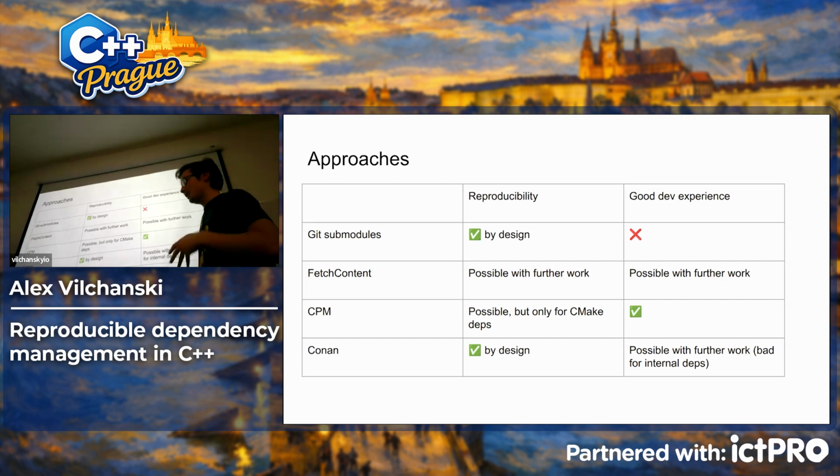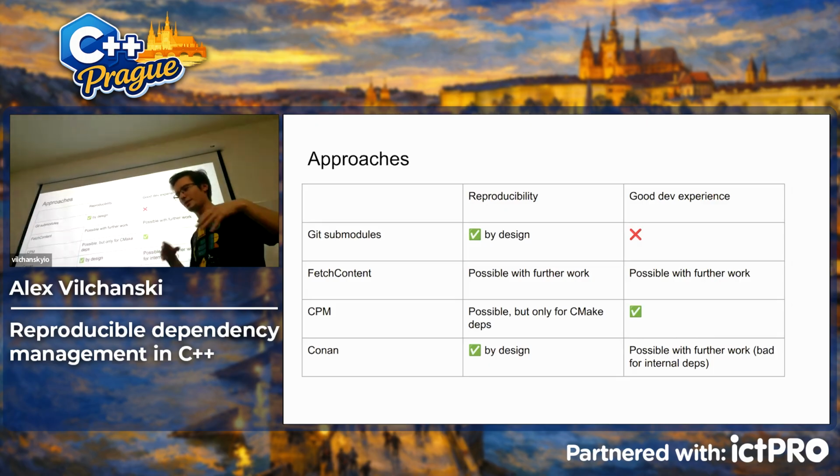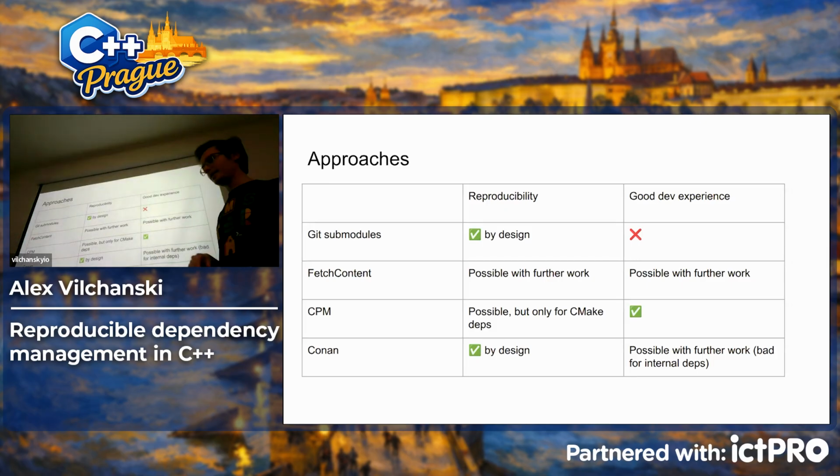Regarding good developer experience, one thing I didn't like too much, which was addressed in Conan 2, is that you have to run conan install separately, which is a little bit of a hurdle, especially when you have a developer who is already struggling with CMake, already overloaded by the concept of presets, and you just tell them, okay, here is a bunch of presets, just open your IDE of choice and select this preset, and it should just work out of the box.